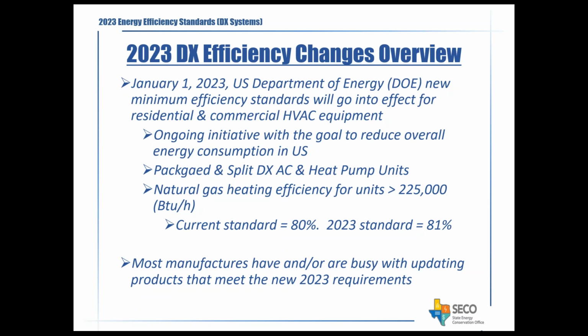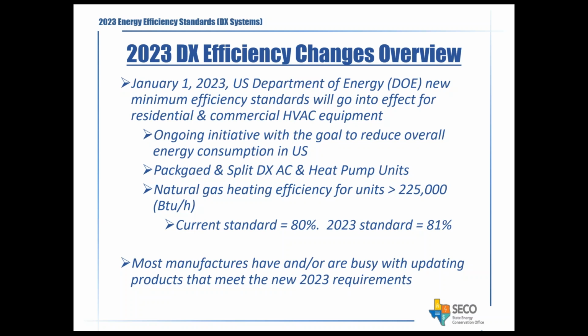So what I wanted to do was give you a little bit of background on how all of this works. So the national model energy codes are developed by two private organizations, which is ASHRAE and the International Code Council.